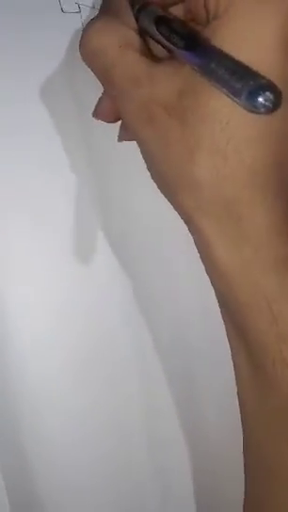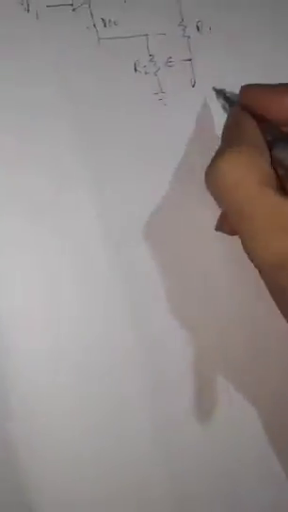We have VCC, and then this is VC. This is positive, this is negative. We have supply from the battery. Then this VCC will be connected to this R2 and R1. This is the diagram for a positive clipper.